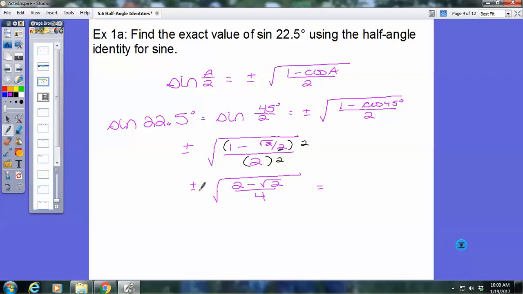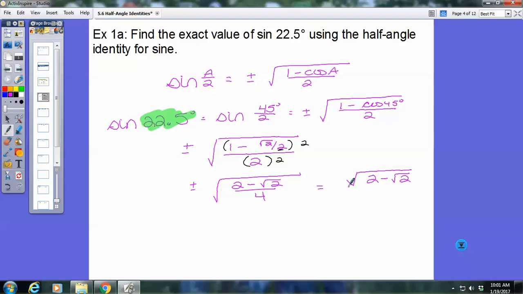One final step. First of all, we need to decide, is it positive or is it negative? Our angle, this is to find the sine of 22.5. What quadrant is 22.5 in? 1. So should it be positive or negative? Positive.